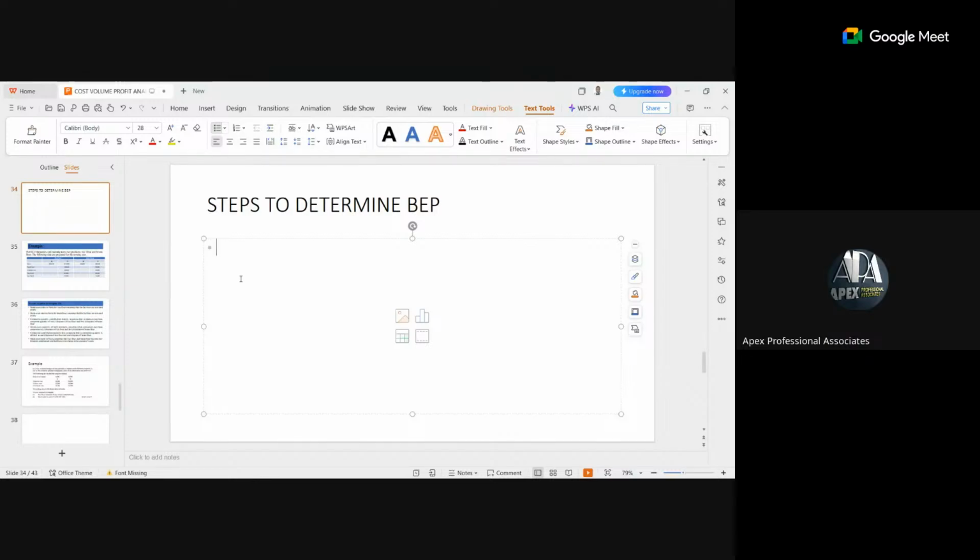Step one, you determine the contribution margin for each of the products. By now, everybody should be able to determine contribution margin. It is a song that you continue to sing in most of the topics in performance management.